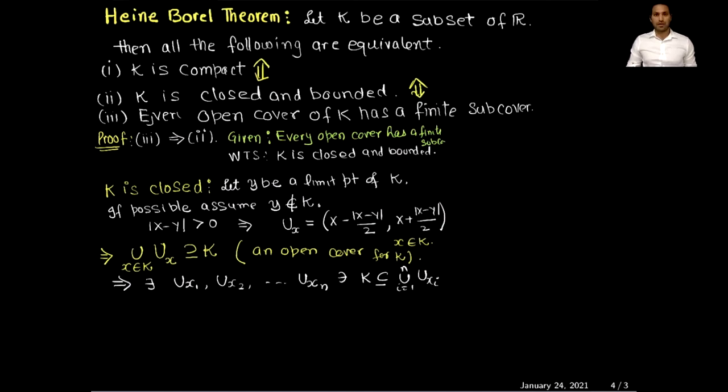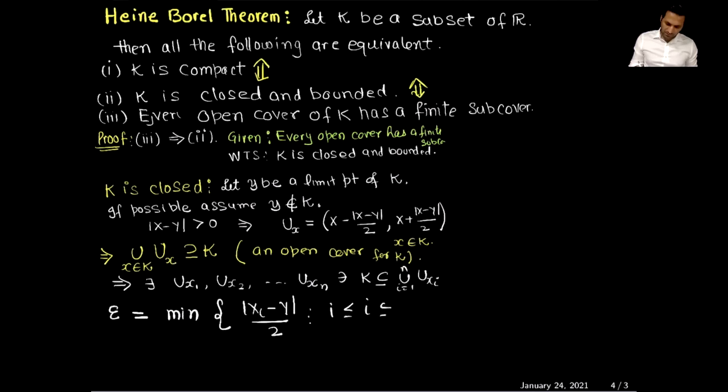So now we have a finite number of x1, x2, xn. So I'm going to take my epsilon as the minimum of the distance |xi minus y| divided by 2, where i varies from 1 to n. So this is my epsilon.